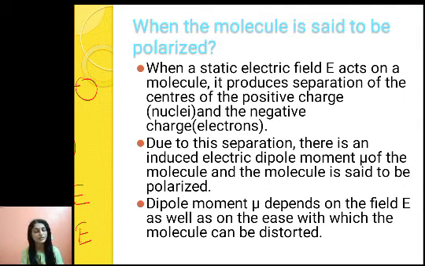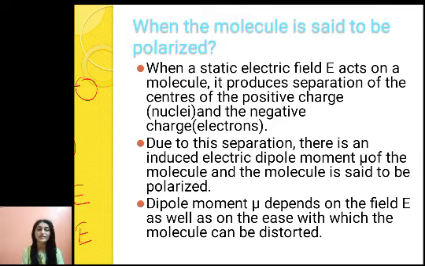When I say positive charge, I mean the nuclei, and when I say negative charge, I mean the electrons. So when a static electric field E is applied, it produces separation of the centers of nuclei and electrons. Because of this separation, there is an induced electric dipole moment mu of the molecule, and we say that the molecule is polarized.